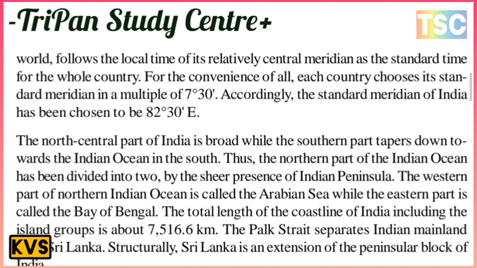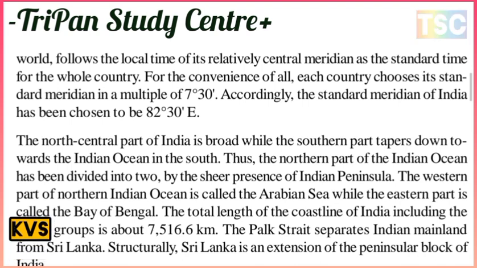The north central part of India is broad, while the south part tapers down to be brought into the Indian Ocean in the south. Thus, the northern part of the Indian Ocean has been divided into two parts by the sheer presence of the Indian Peninsula. The western part is called the Arabian Sea, while the eastern part is called the Bay of Bengal.